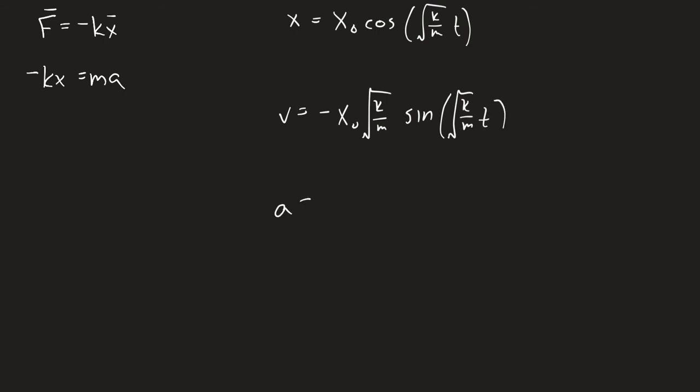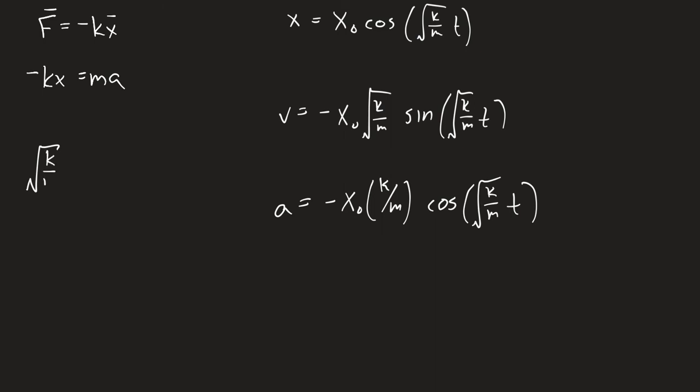And then acceleration equals minus x naught k over m times the cosine of the square root of k over m times t. And we even got more than this. It was suggested to you that we could replace, since we have to write it so often, the square root of k over m with the term omega.